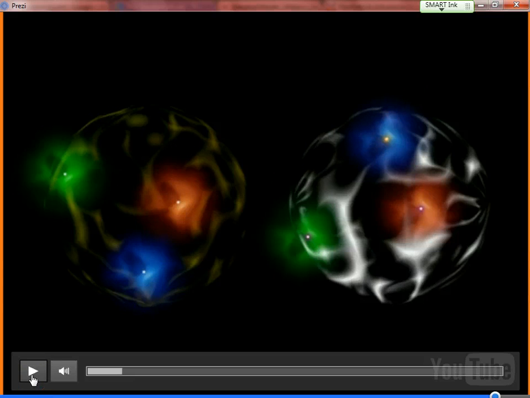So let's actually write that down for a moment because that's pretty important. A proton is created from 2 up quarks and a down quark, and a neutron is created from 1 up quark and 2 down quarks.